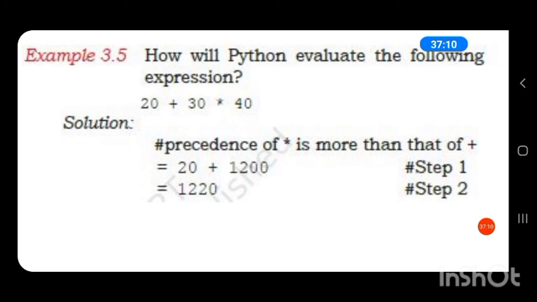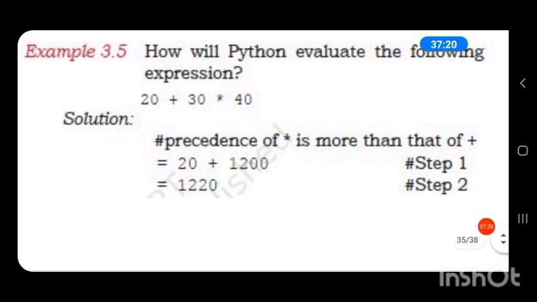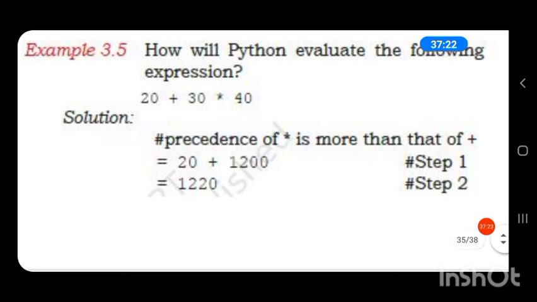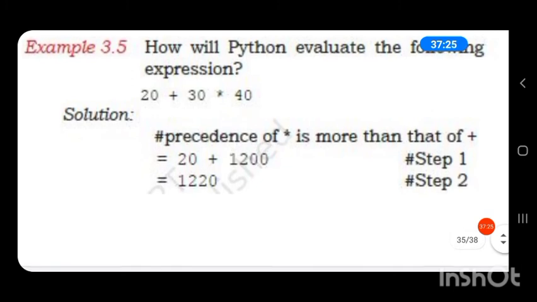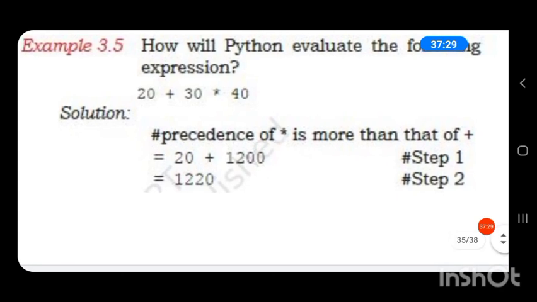So the Python interpreter will first multiply 30 into 40, which is 1200. Then the next priority goes to plus. Then it will add 20 with 1200 and produce the result 1220. Understood?